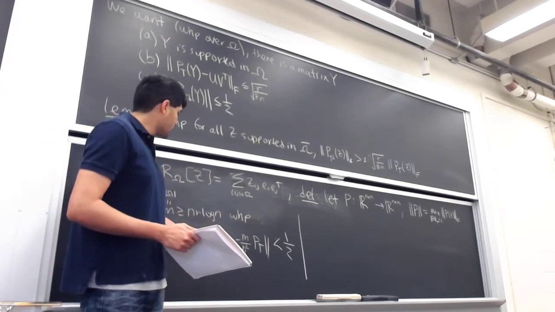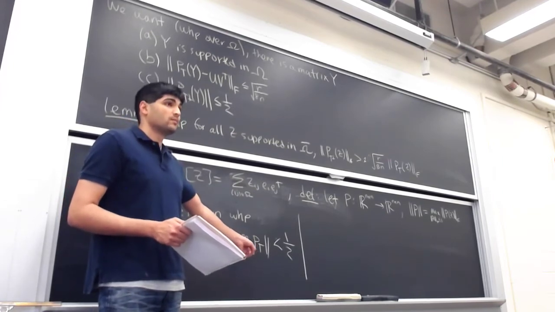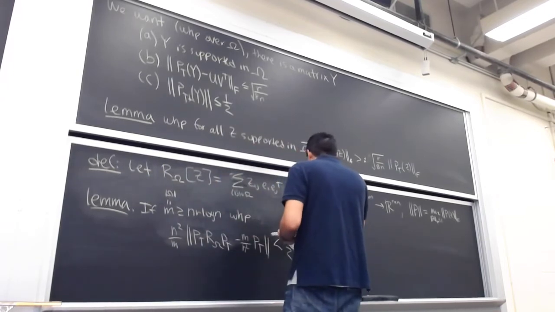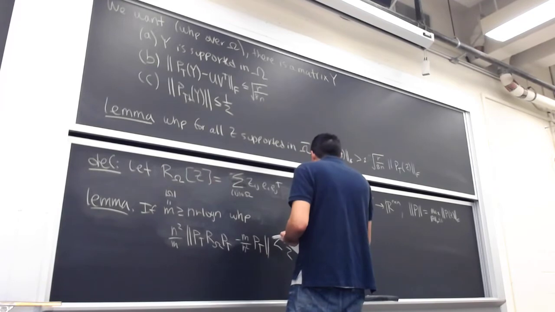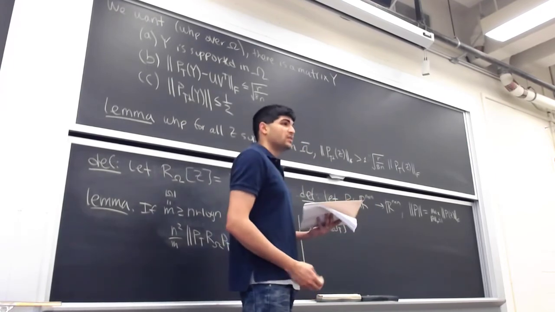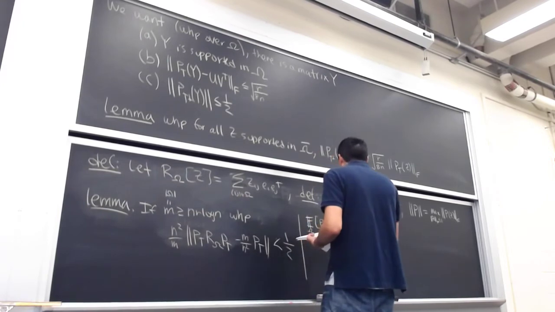The other way to think about it is that the expectation of this operator is that. So the claim is that the expectation over omega of this operator PT R_omega PT, well, PT is not random. Only R_omega is random. And these are all linear operators.